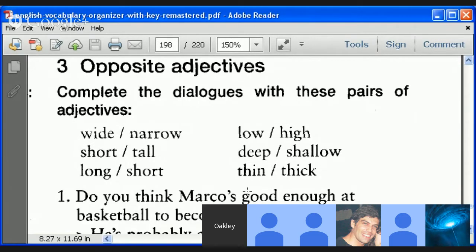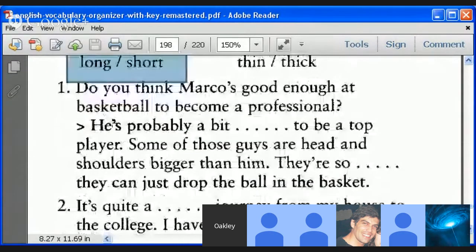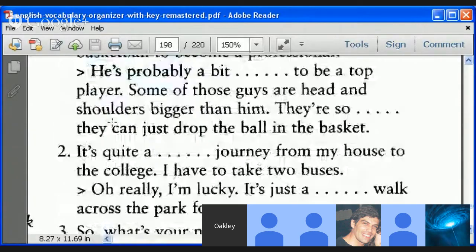Okay. Now, this is interesting, and you're absolutely right. Far would work equally well. That's true. So, this is interesting when we're talking about distance.